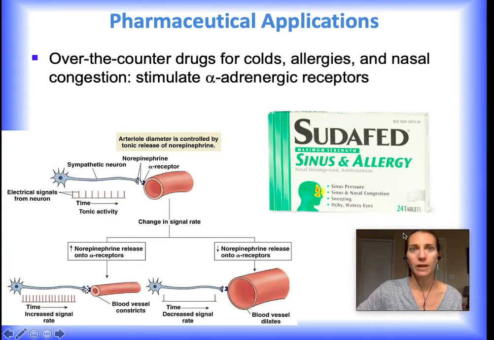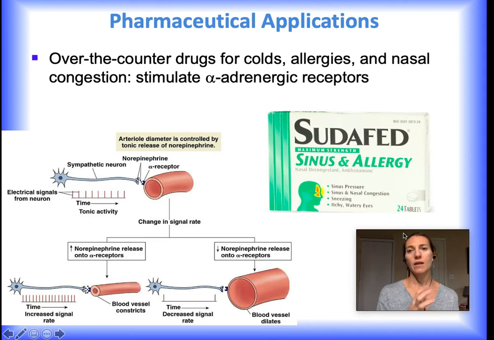There are so many great pharmaceutical applications of this content. So over-the-counter drugs, especially for colds and allergies, those nasal decongestants, are working by stimulating alpha adrenergic receptors. So you hear that word adrenergic, you should be thinking sympathetic nervous system, right? And they're going to be receiving norepinephrine.